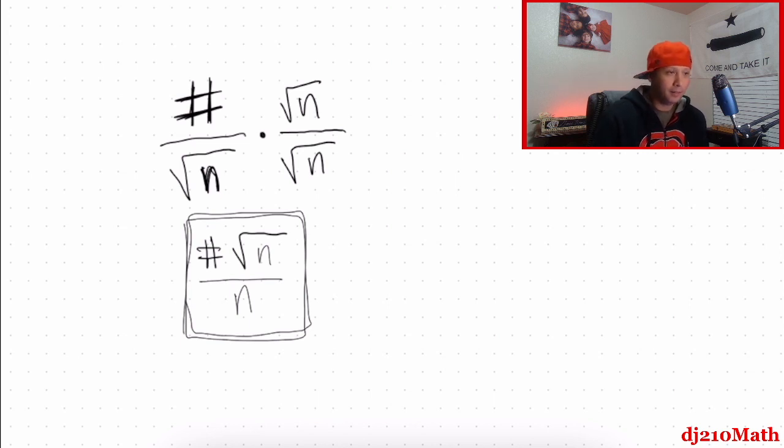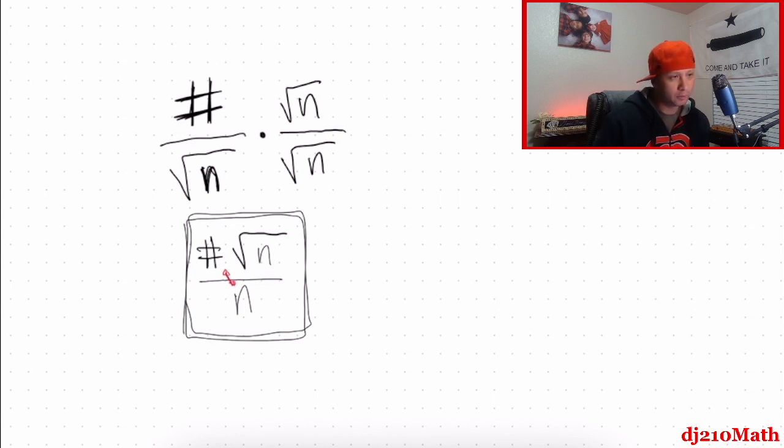And when you do that, whatever the numbers are on the bottom, by design, the square root's going to go away, and whatever number is inside the square root will definitely be there. And sometimes it's possible that these two numbers will reduce.